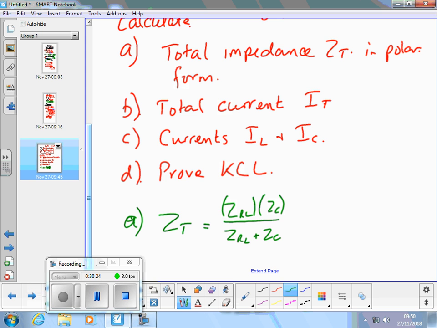You can add them together easily at the bottom using rectangular form.